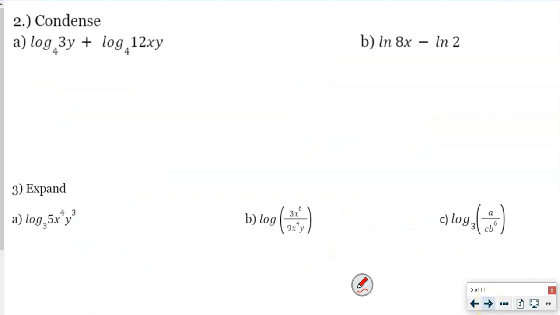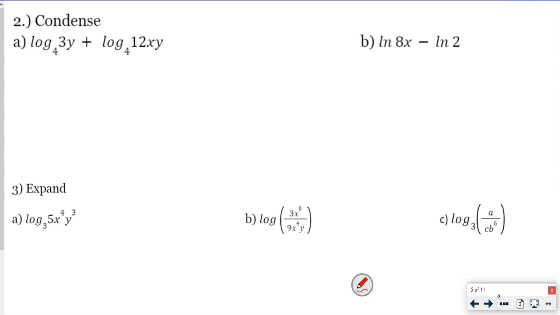So for the next set of problems, number 2, we have condensing. Remember, with condensing, we're going to put our positive logs in the numerator and our negative logs in the denominator. This one in particular only has positive terms, right?